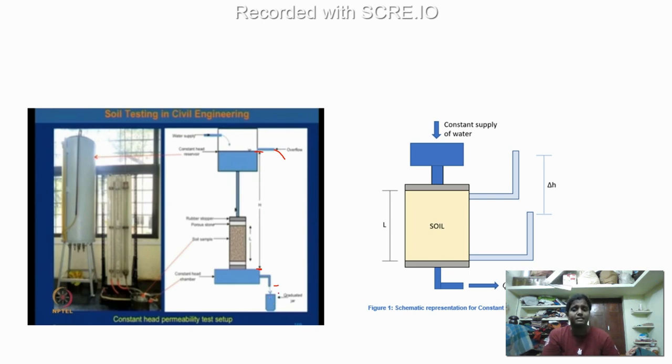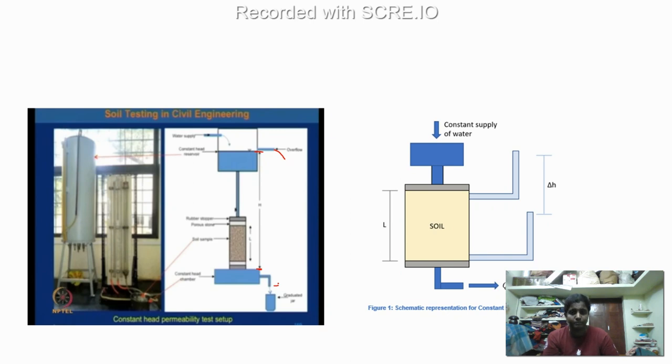As I mentioned, in a constant head test, we collect water for a particular time, for example 1 minute, 2 minutes, 3 minutes. For at least five different time intervals, we collect water. Imagine if it is a fine grained soil like clay, the water will come in drops.